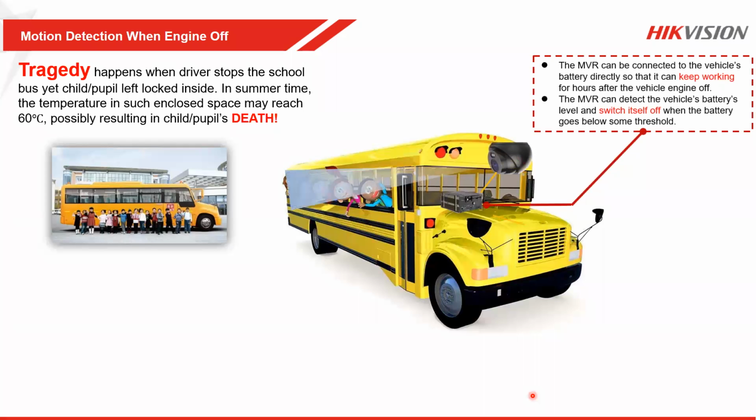So we look at a solution where, especially smaller kids, when they come back from school, they've had a long, busy day with the extramural activities and so forth, and they tend to have a little nap while traveling in the bus.